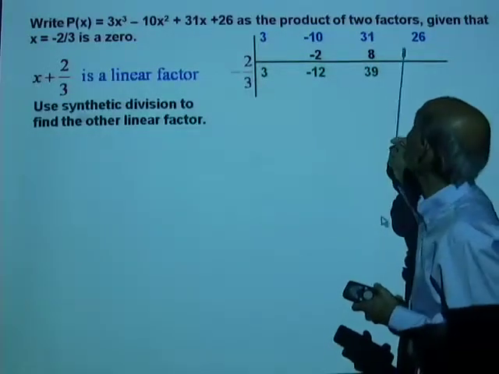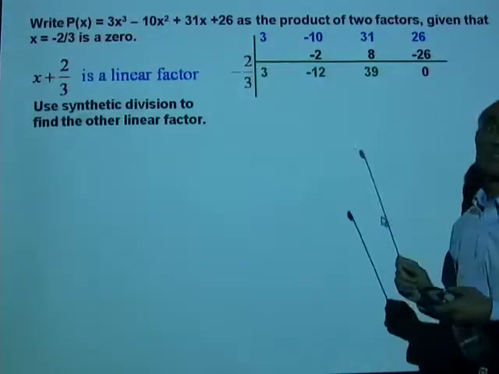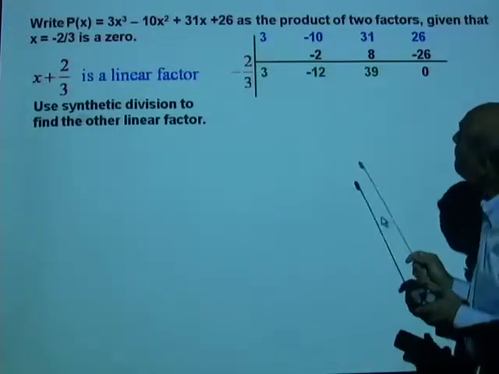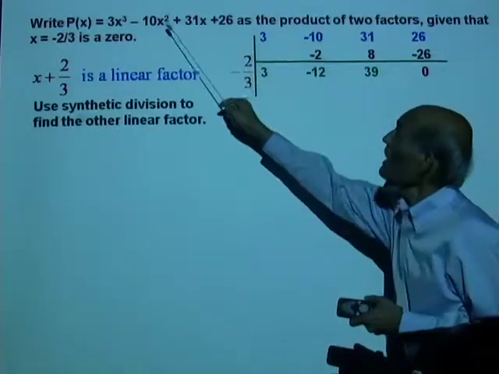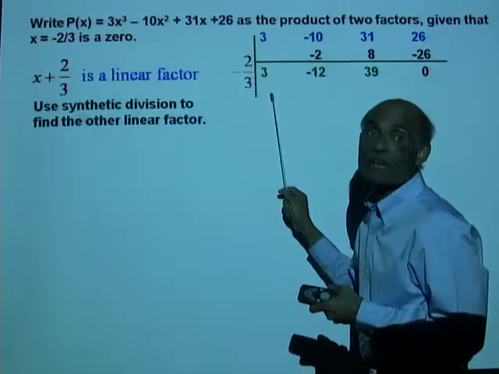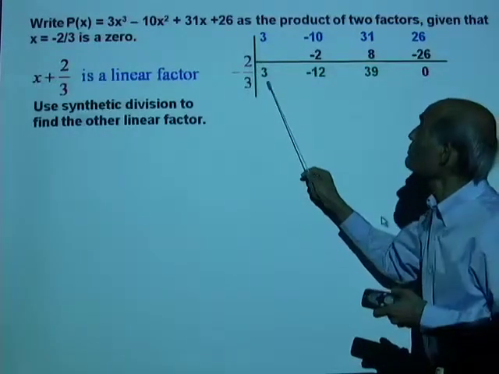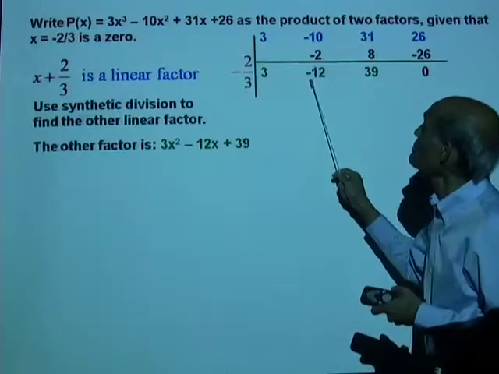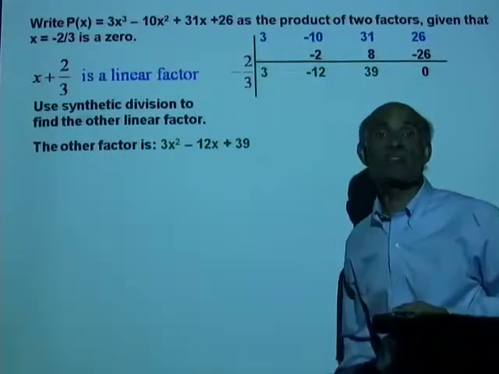So that will be negative 26. And add, you get 0. And therefore, what is the remaining factor? Since our original polynomial is a third-degree polynomial, the remaining factor will be a quadratic factor. That will be 3x squared minus 12x plus 39. And that is the remaining factor.